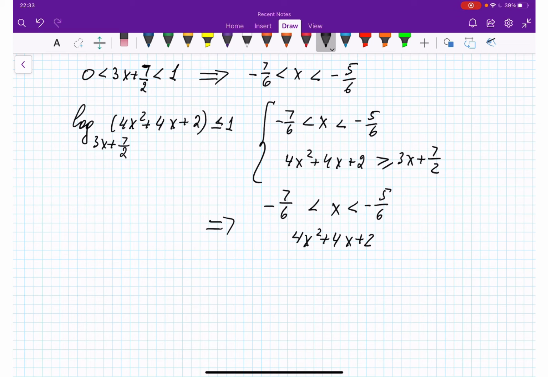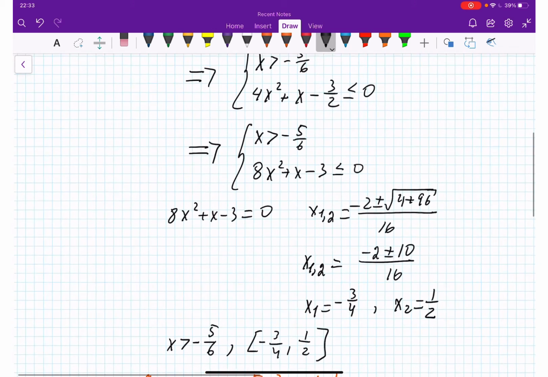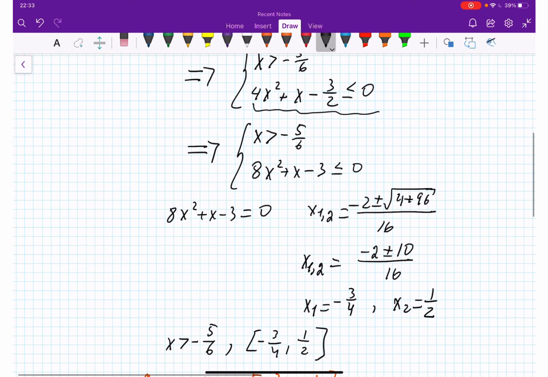Let me write it in simplified form. Since we solved already, right here we have already simplified it, because I got rid of the denominator.